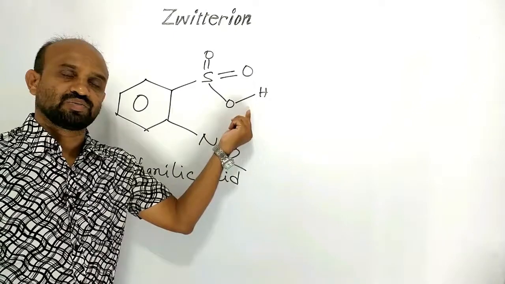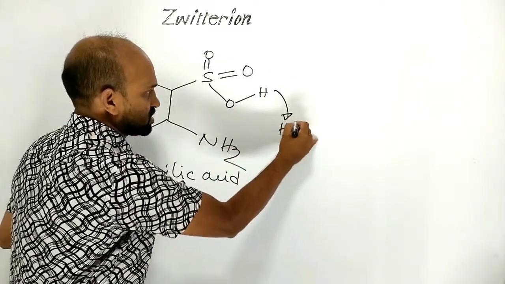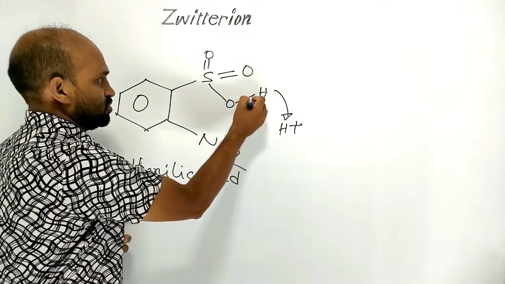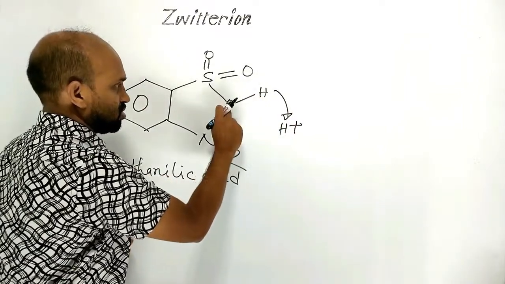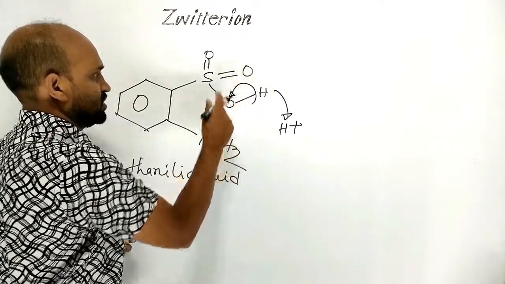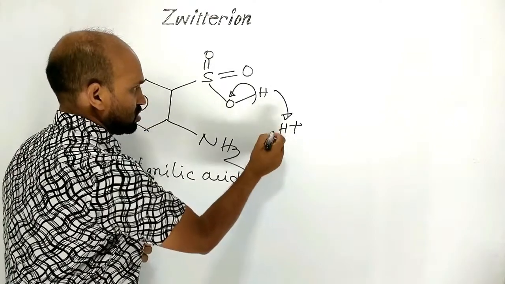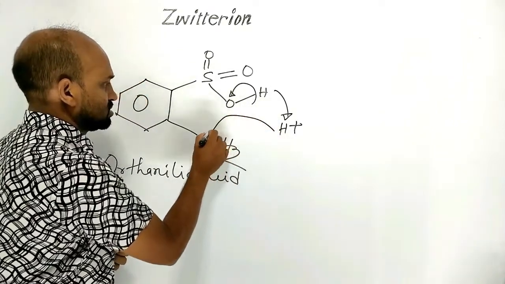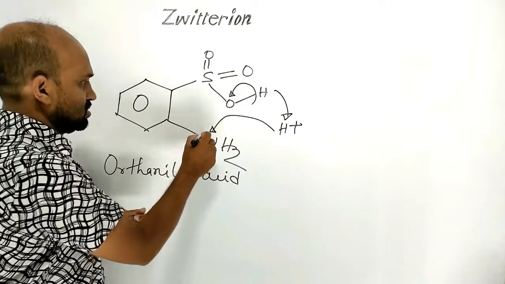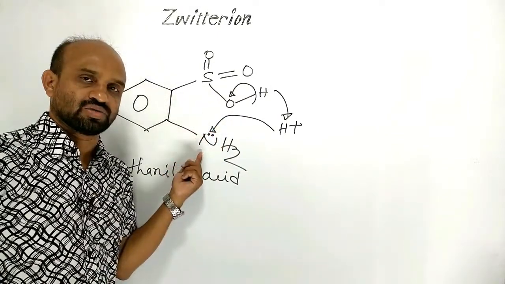From this acidic part, this hydrogen gets freed as a proton because this oxygen-hydrogen bond suffers a heterolytic fission. After that, this proton combines with this nitrogen with the lone pair of electrons.